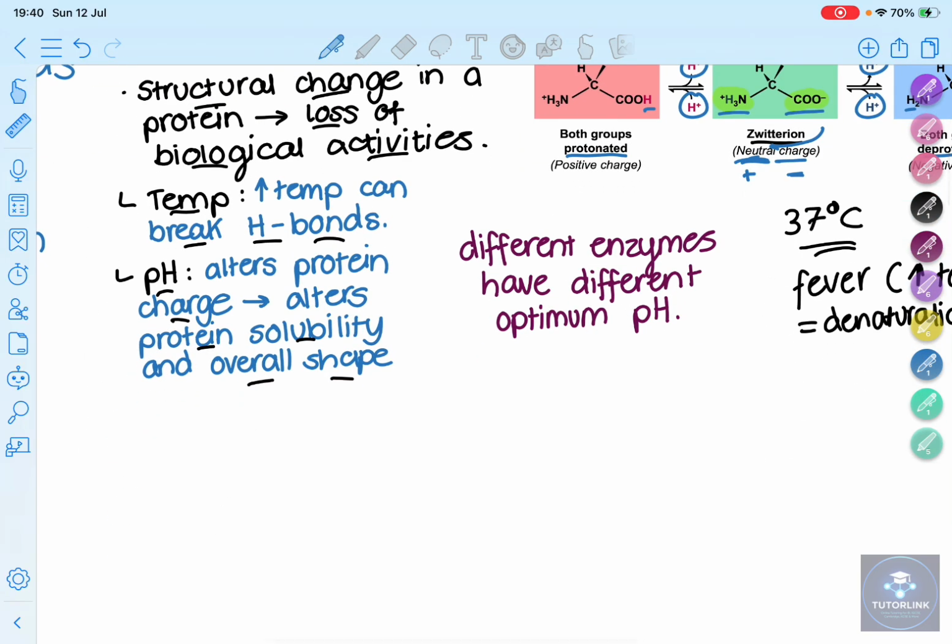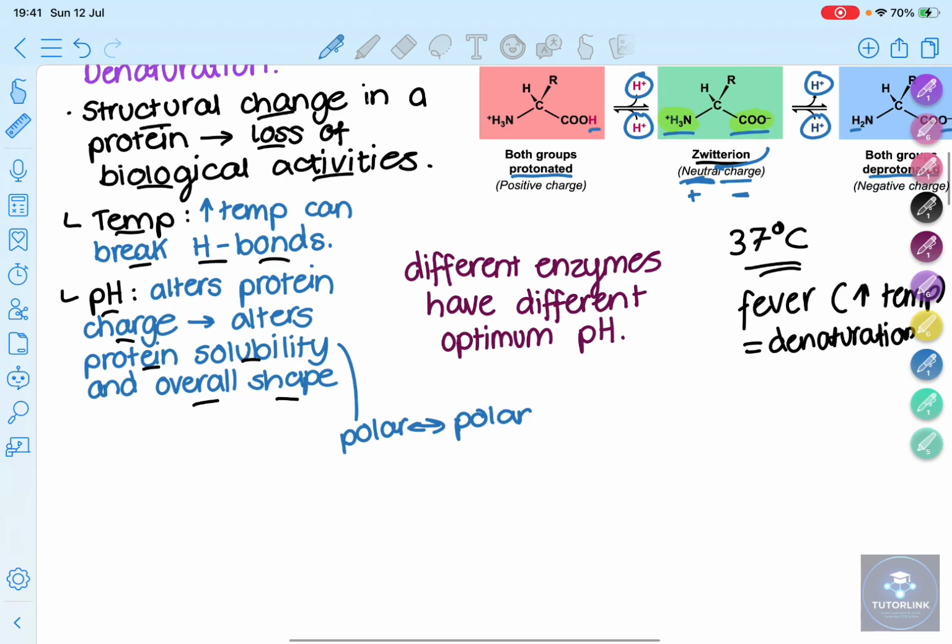It affects solubility because, for example, polar groups dissolve in polar solvents, and non-polar groups dissolve in non-polar solvents. So that's how it ties in.